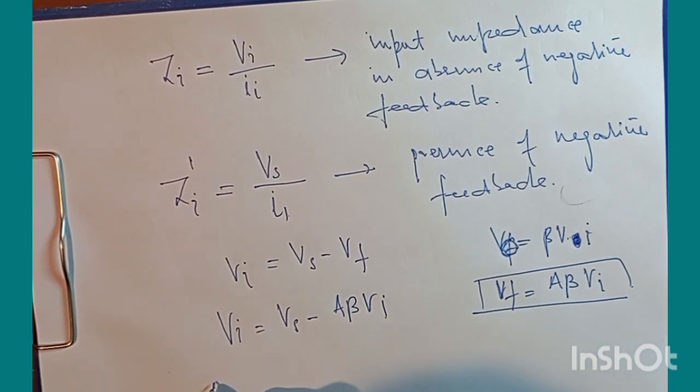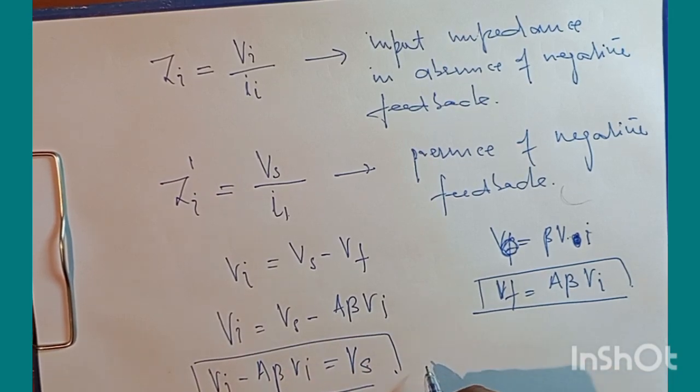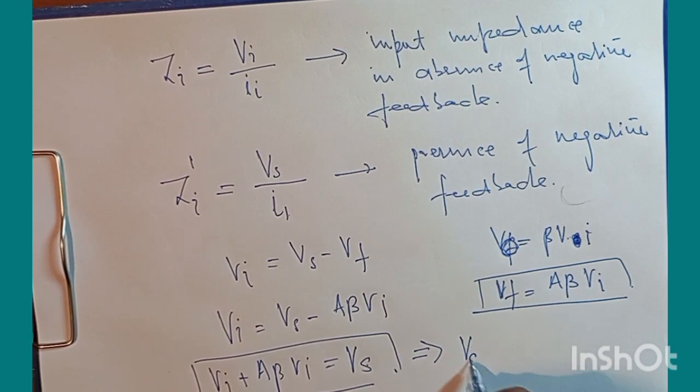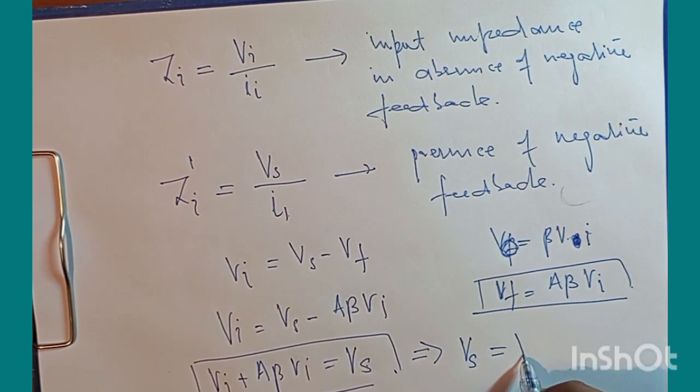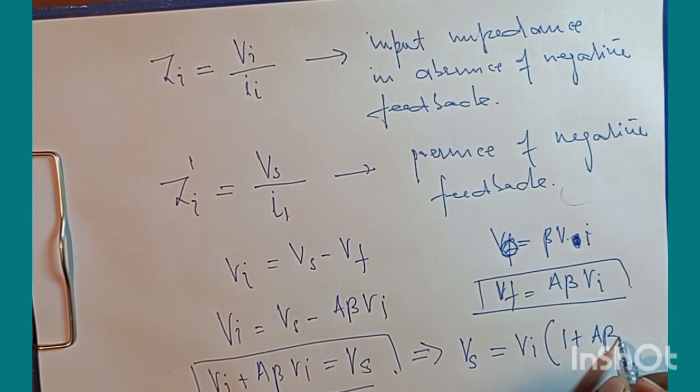I can turn this to the left hand side: Vi plus A beta Vi equals Vs. So this implies my Vs will be Vi times 1 plus A beta.